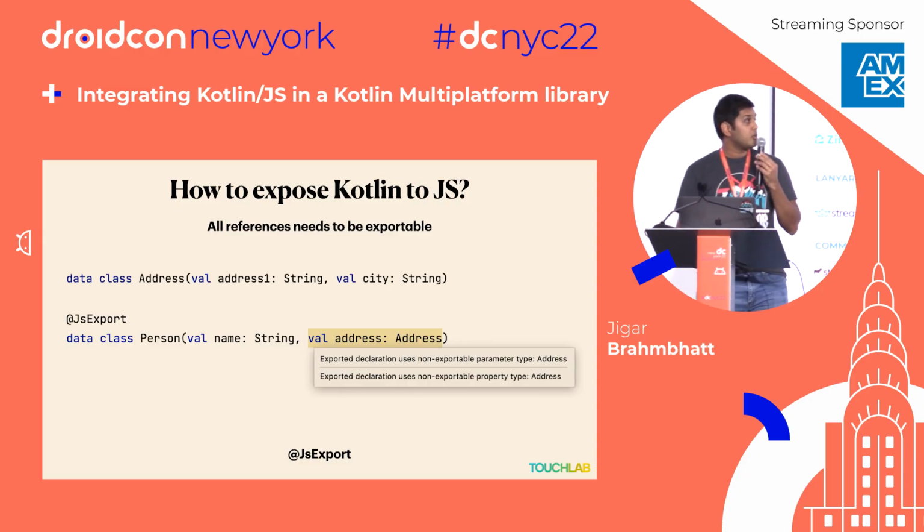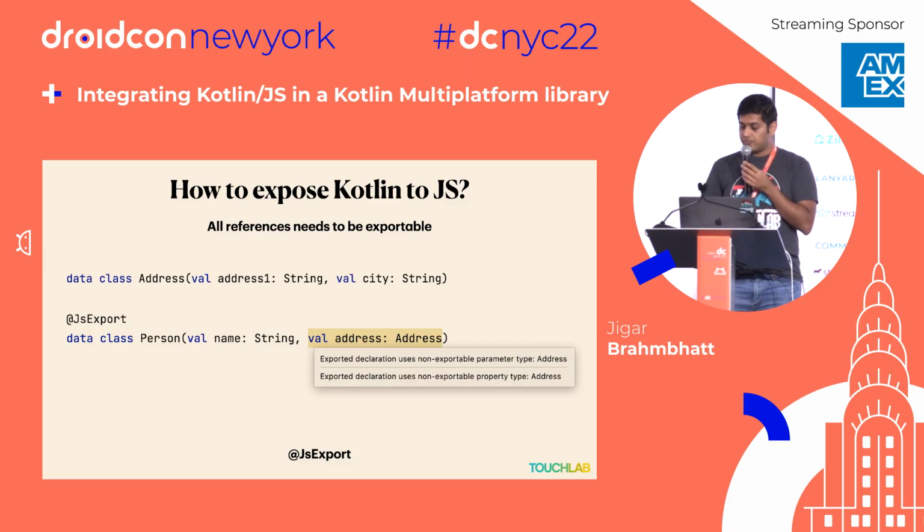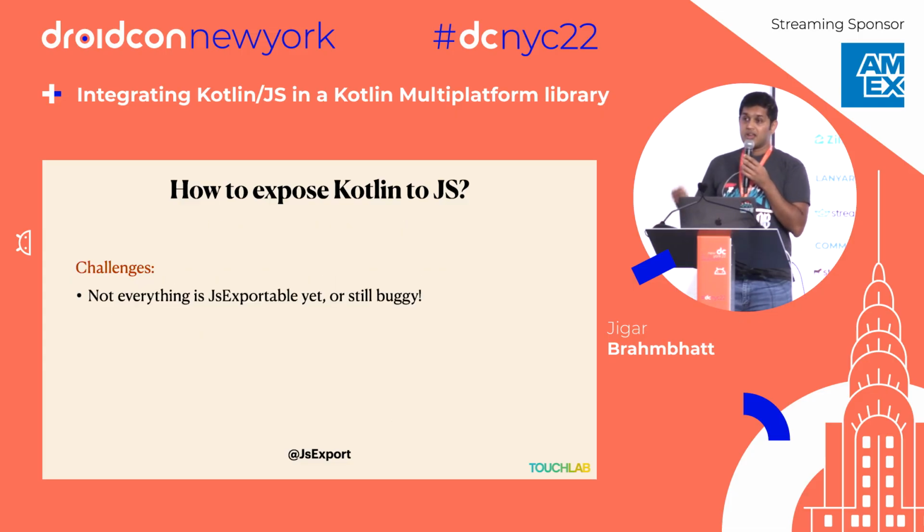If you look at the state of things, the challenges are that not everything is exportable at this point, or something is still buggy. For example, the biggest problem we face is that there is no support for exporting the collections API. So you cannot write a map or list in your Kotlin code, export it and use it in JavaScript or TypeScript, because it's not possible.